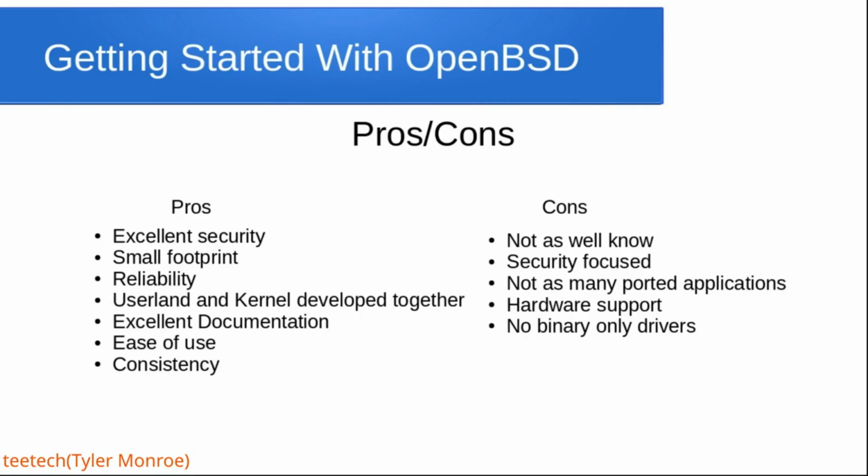And another important point is the userland and the kernel are developed together. Basically, the kernel in any operating system is the bridge between the hardware and the software. The hardware is all the things in your computer, the CPU, the RAM, the hard drive, and everything else.